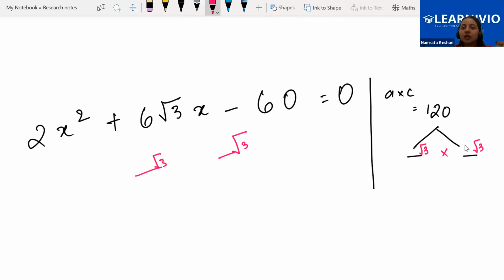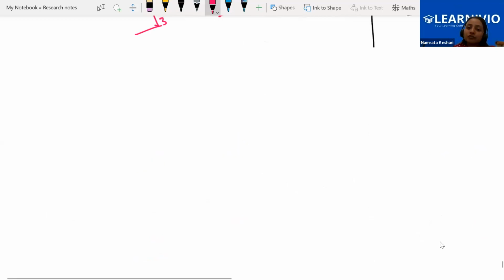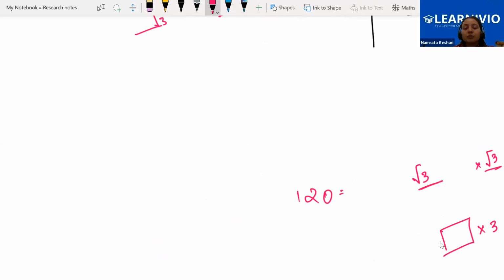We are trying to factorize 120. And we have already taken root 3 by ourselves, which means 3 we have already taken. Yes or no, Zoha? Root 3 into root 3 is 3. 3 multiplied with which number is 120?